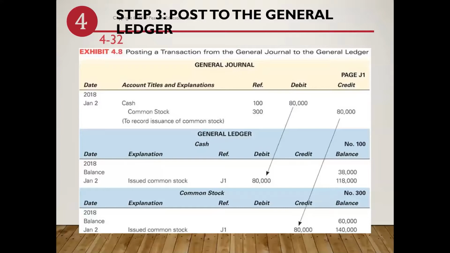The balance in the common stock account, number 300, also increases by $80,000 to $140,000. And it increased because the balance in the common stock was at 60,000, so 60 plus 80 is 140. The reference column in the General Ledger indicates that the entry is from page J1 of the General Journal.